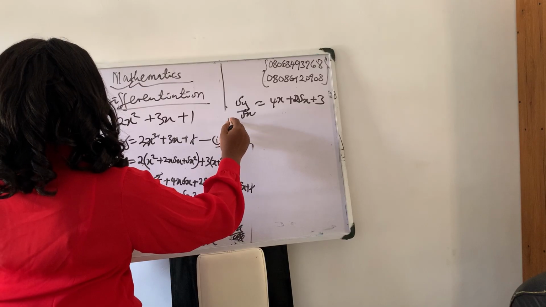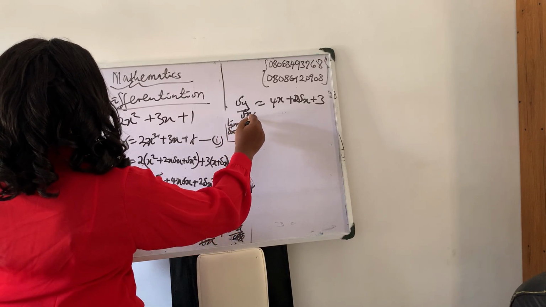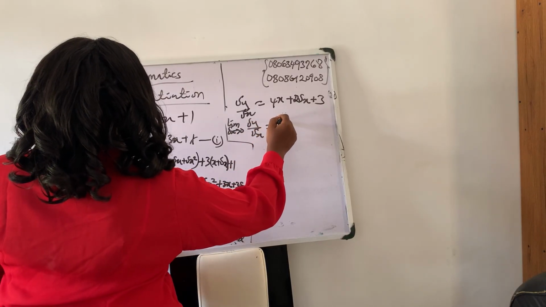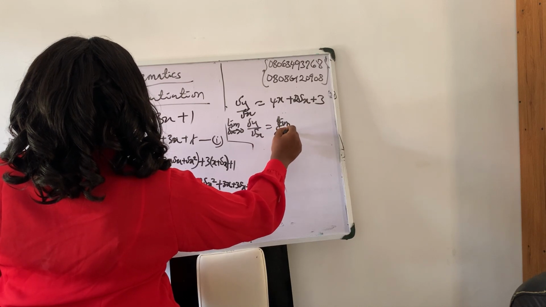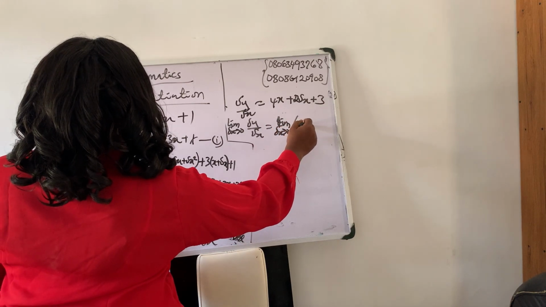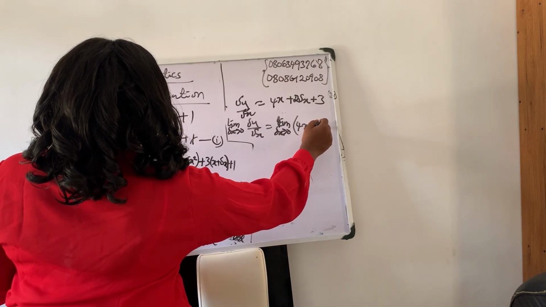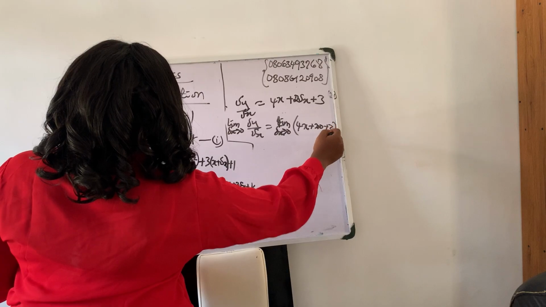Now, you limit dx to 0: dy/dx equal to the limit as dx tends to 0 of 4x plus 2 times 0, because anywhere we see dx, we put 0, plus 3.